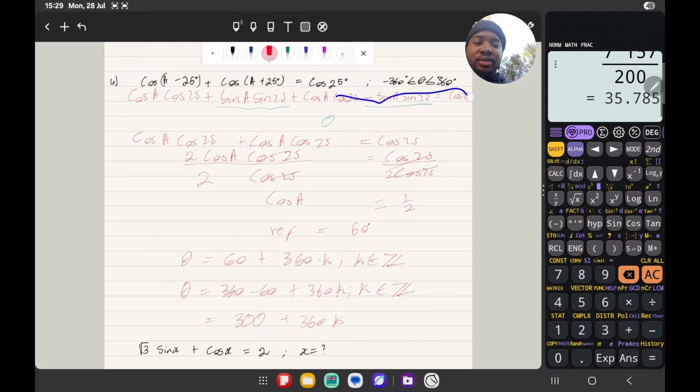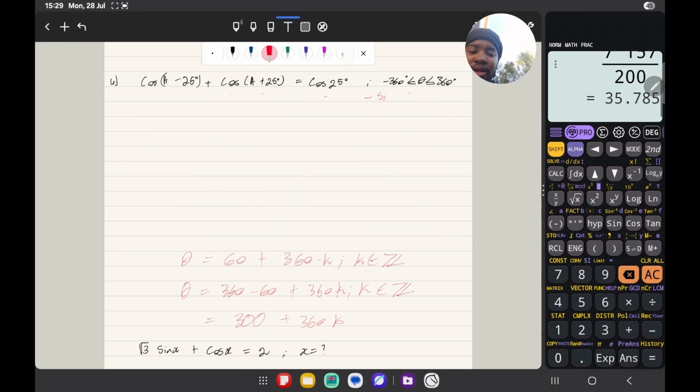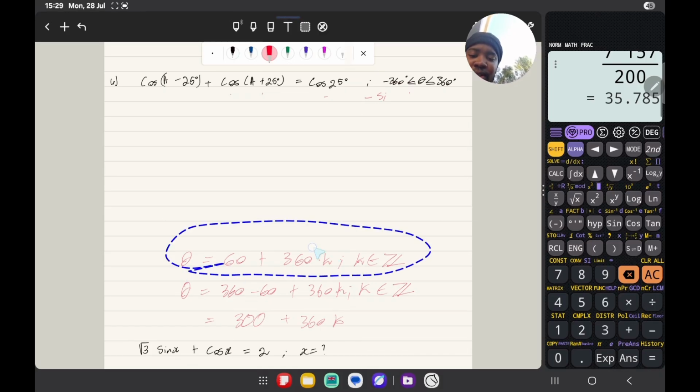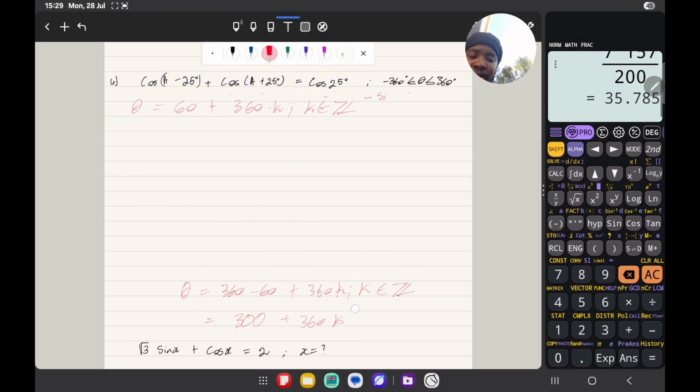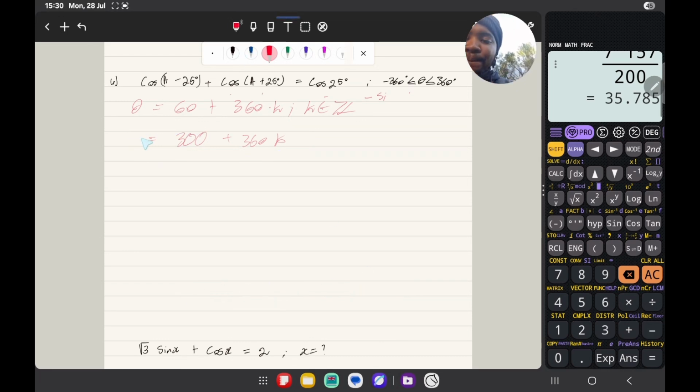So what I will do is remove all of these so that we can answer the question. To answer the question, you're going to need this, and you're going to need this. So for this one, let's substitute k as minus 2. We have 60 plus 360 times minus 2.